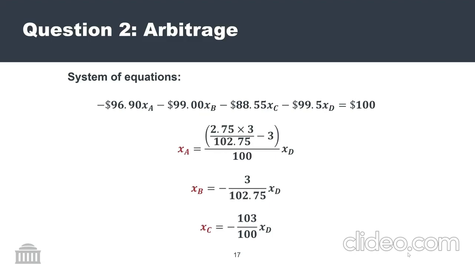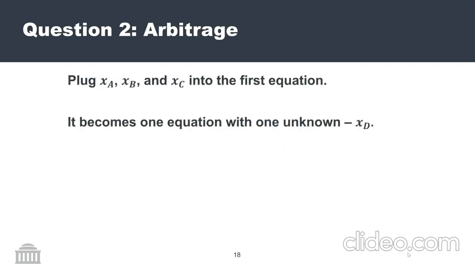Now the second, third, and fourth equations give us XA, XB, and XC as functions of XD. If we plug these expressions into the first equation, it will give us just an equation with one unknown, so we'll have only XD in that equation. Doing that and solving it gives us XD equal to negative 38.85.